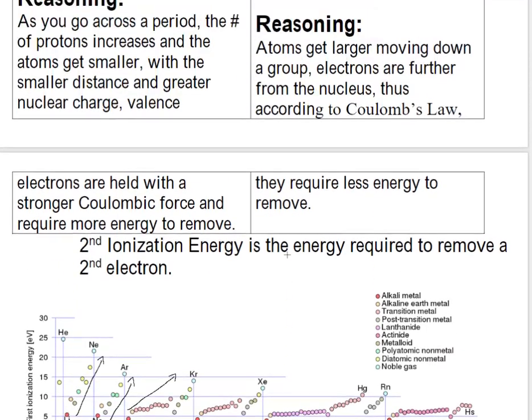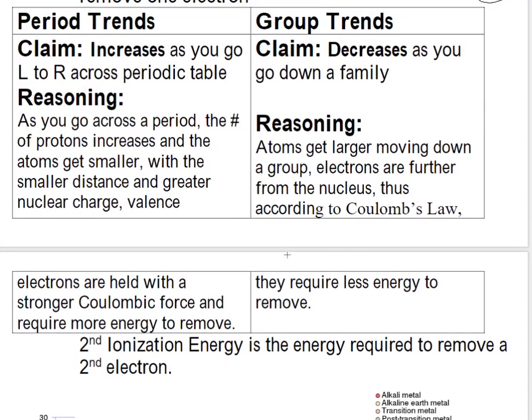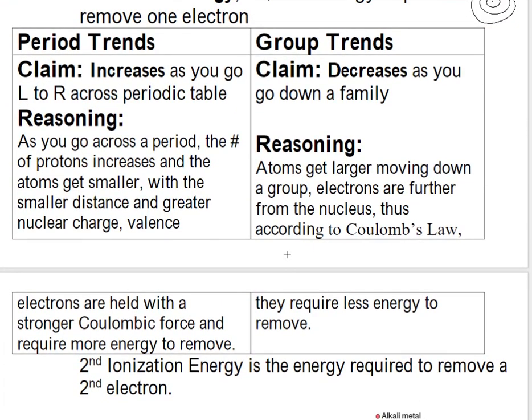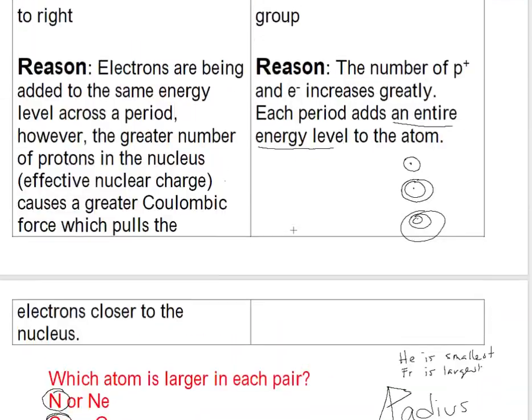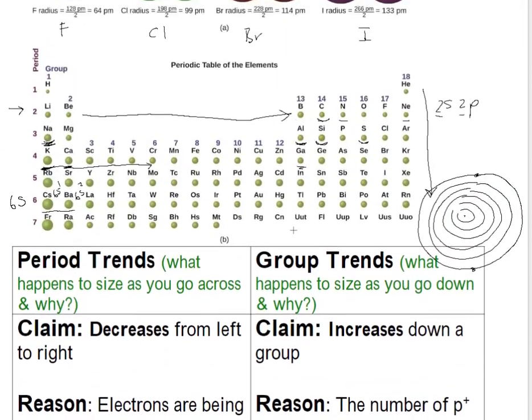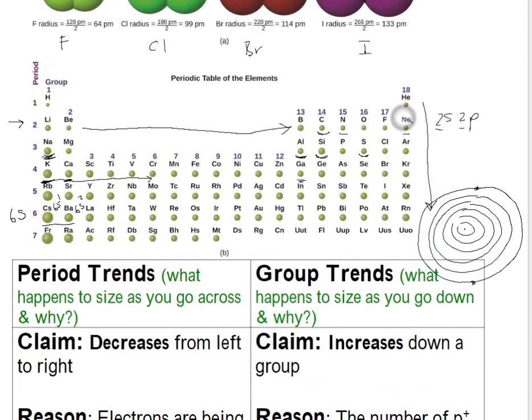Let's write that down. As you go left to right, the ionization energy increases. Why is it harder? Why does it require more energy to take electrons away from the atoms on the right? This has to do with Coulomb's law. So over here, these atoms, known as the noble gases, have the highest ionization energies because they are the smallest.